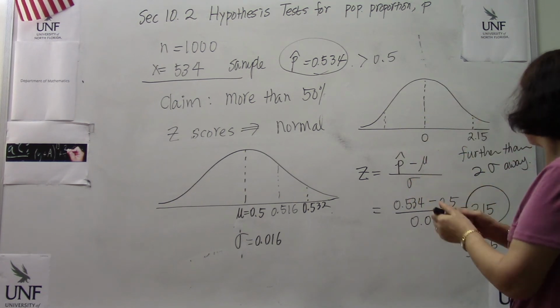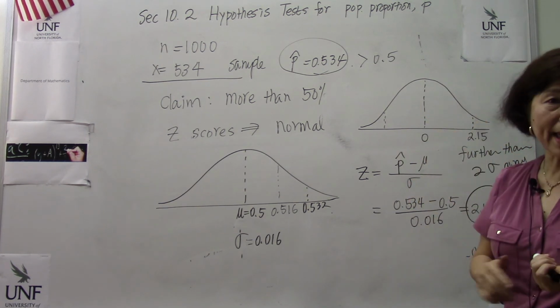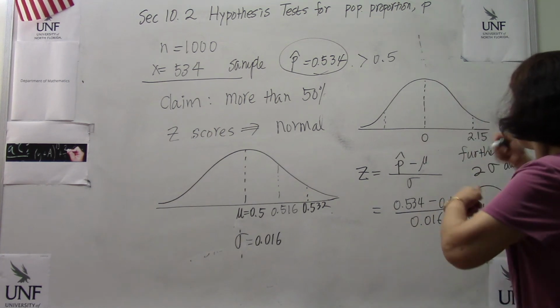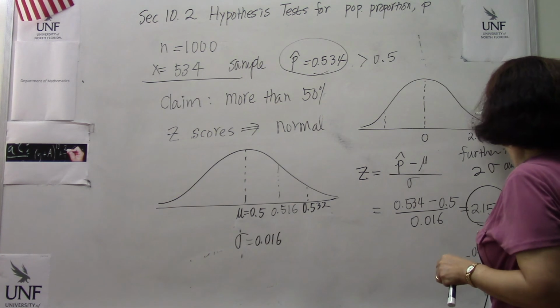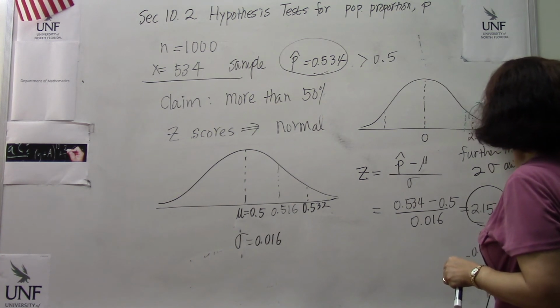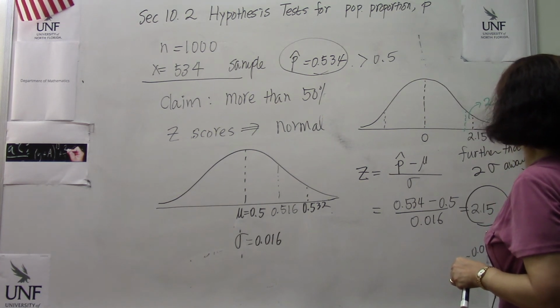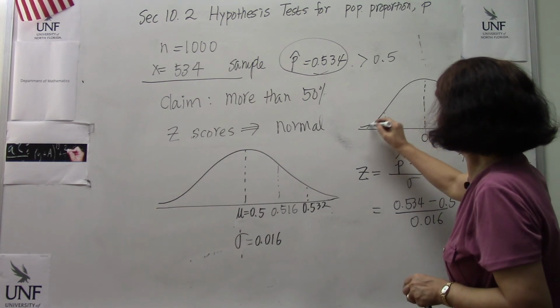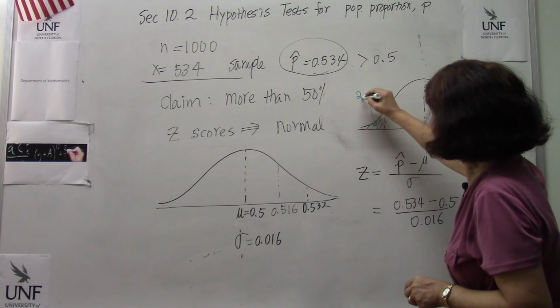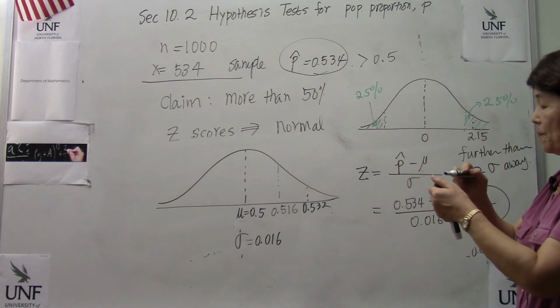But this one turns out to be more than 2 sigmas away. So outside of 95% is 5%. This area is 2.5%, and this area is also 2.5%.